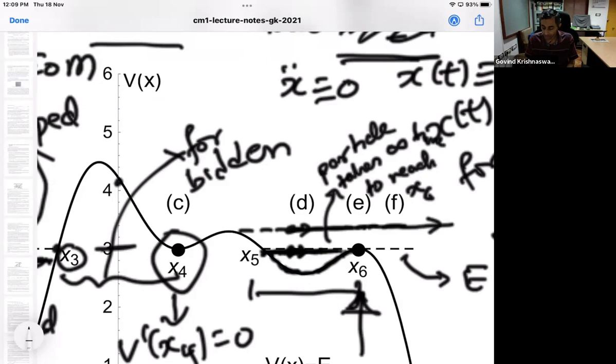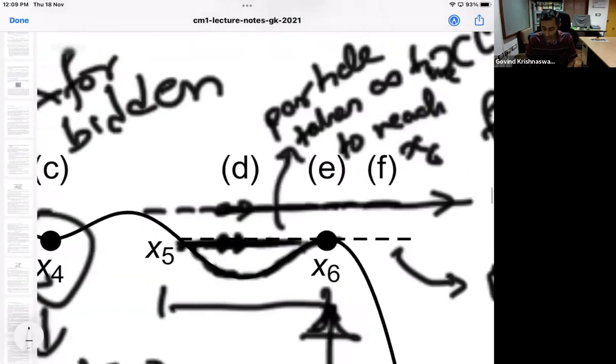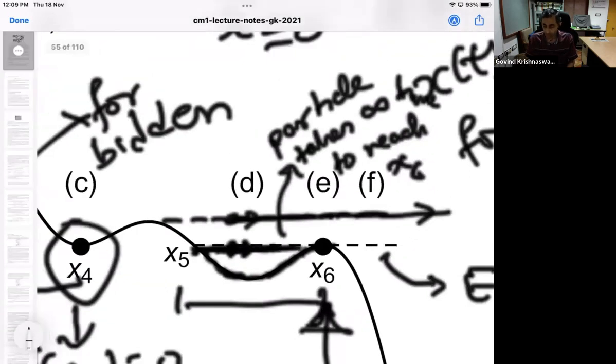The point is here the energy equals the maximum of the potential. The force that the particle feels is given by the negative derivative of the potential. Because the derivative of the potential is approaching zero at x6, the force is becoming weaker and weaker.